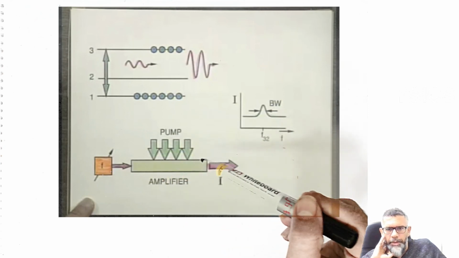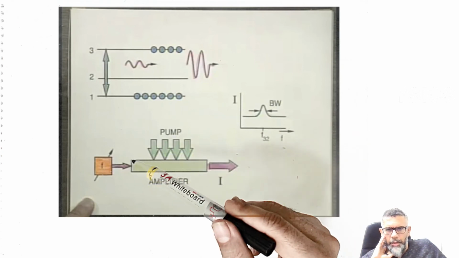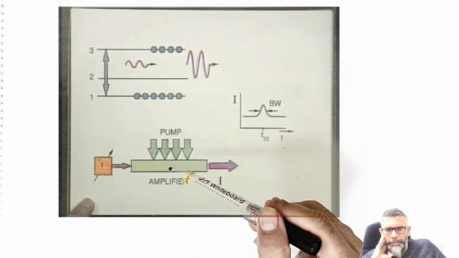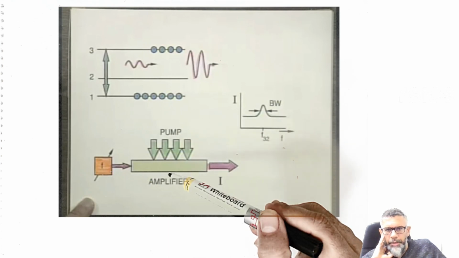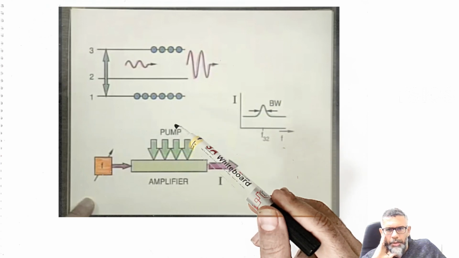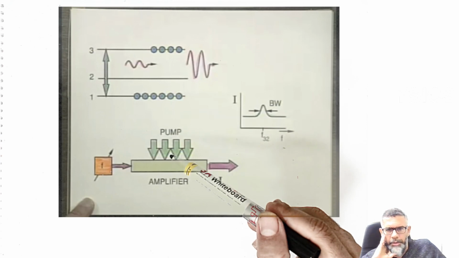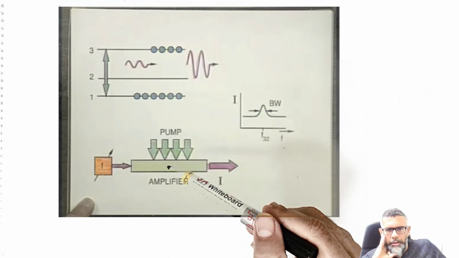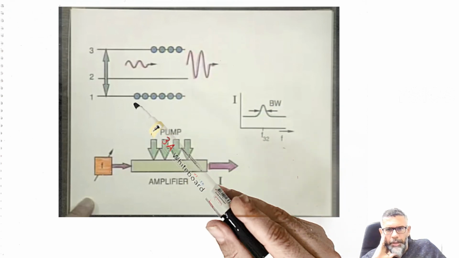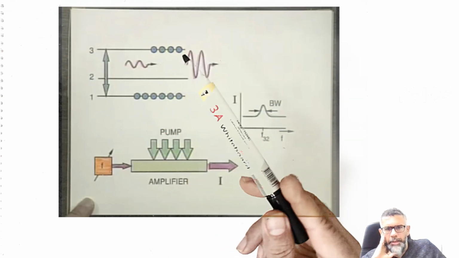This picture is a pictorial representation of the lab. You have this amplifier region, which is the medium, this is the optical oscillator, and there are mirrors over here, and there is also a pumping mechanism. The pumping might be optical. If the pumping is optical, this laser is pumped by another laser, and these pump photons make the transitions from here to here.